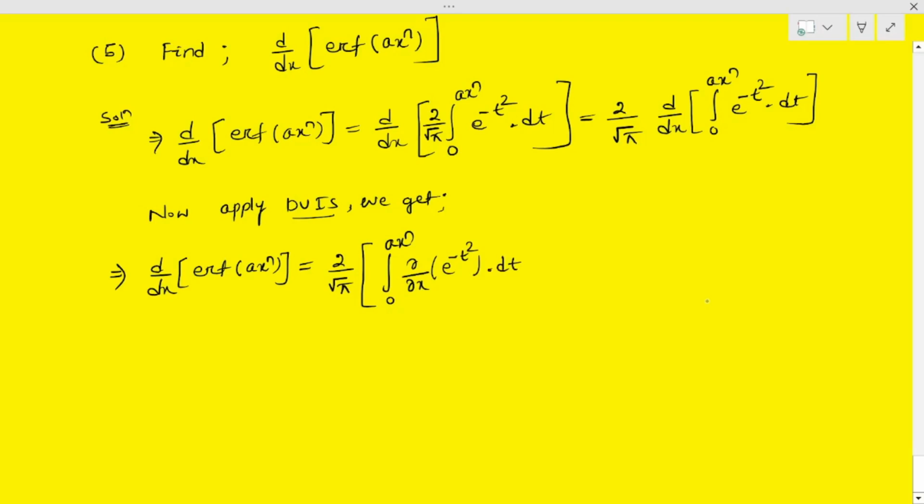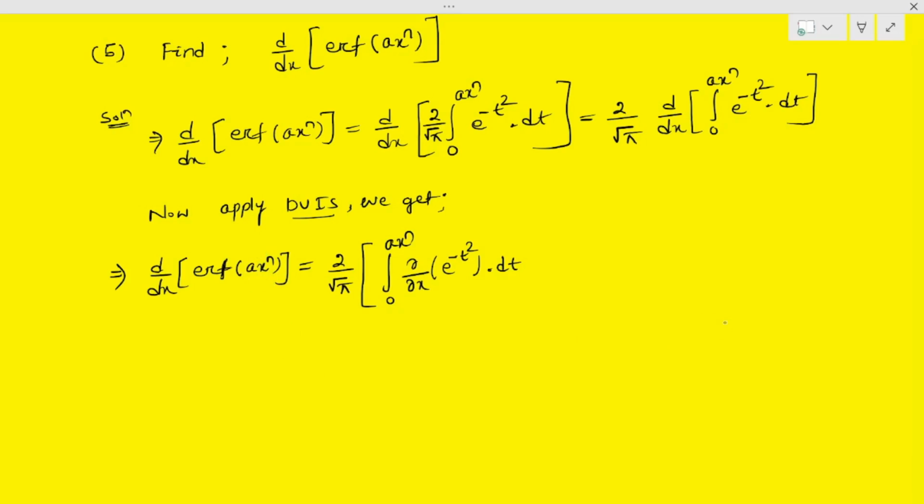Here we wrote the error function of ax to the power n, so this is a function of x. As this is a function of x, we have to consider differentiation with respect to x. Just keep this in your mind.